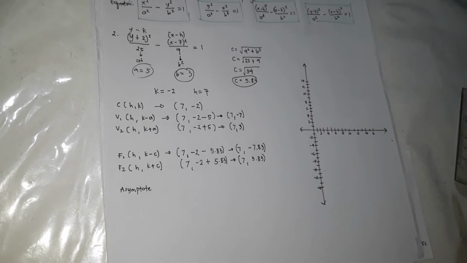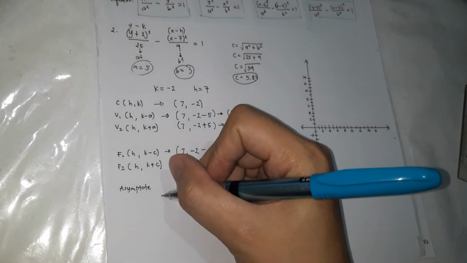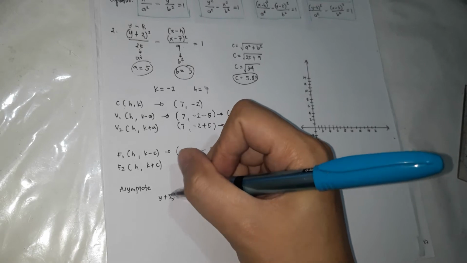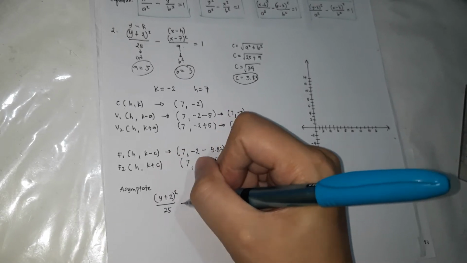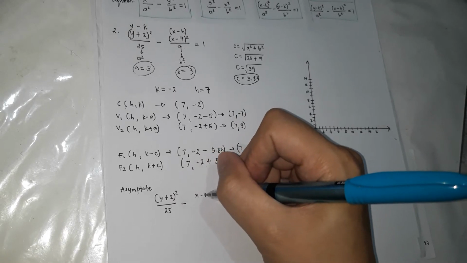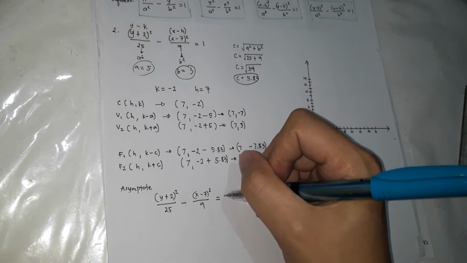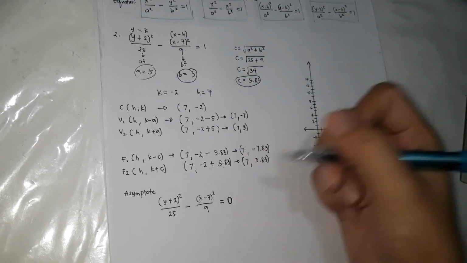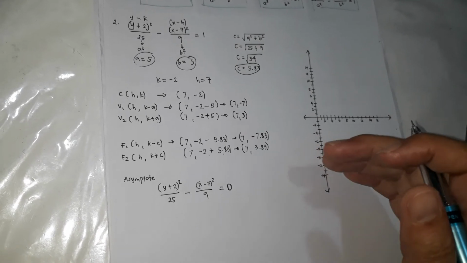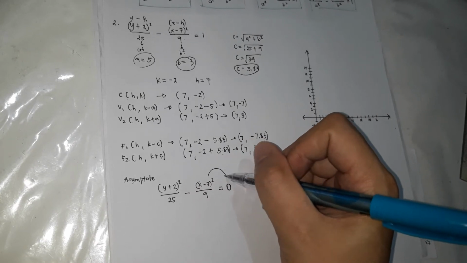For the asymptote, this is quite heavy, challenging. So kopyahin nyo lang yung first part, (y plus 2) squared over 25 minus (x minus 7) squared over 9 is equal to 1. To get the asymptote, ang 1, palitan nyo ng 0. So next, pagpalit nyo ng 0 dyan, what you're going to do is ilipat mo si yung may x.